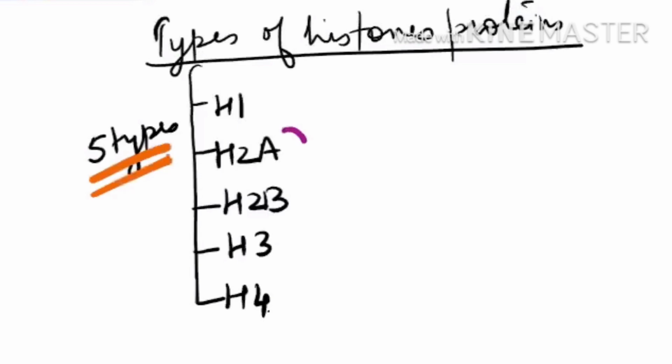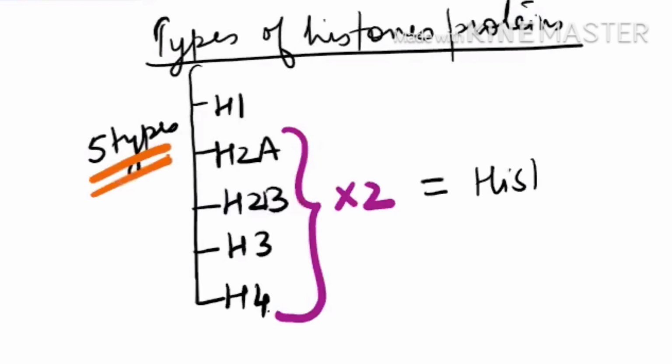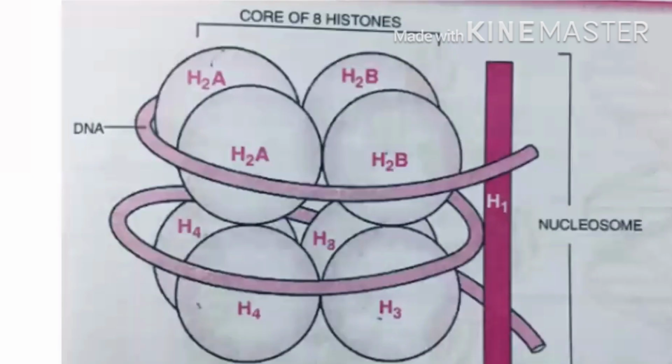We will use 2 copies of each to form the histone octamer. So now see in this diagram, we are making use of 2 copies of H2A, 2 copies of H2B, 2 copies of H3, and 2 copies of H4.